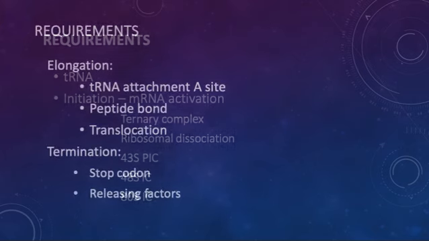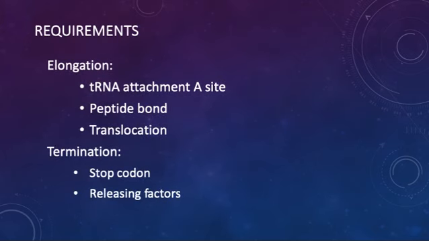In elongation, you require the tRNA attachment at the A site, then there is formation of the peptide bond, and then there is the translocation process. In termination, the stop codon is identified, and then you require the releasing factors. Okay, so these are all the requirements for the whole translation process.